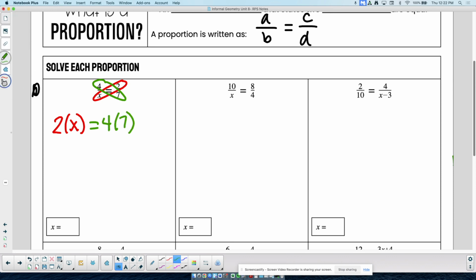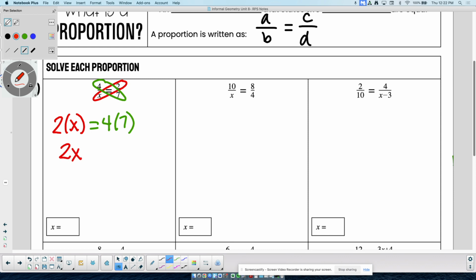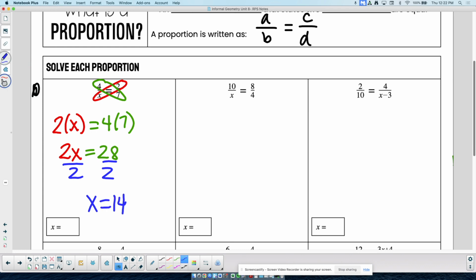And now we just simplify. So 2 times x is 2x. 4 times 7 is 28. And now you guys know what to do, right? We simply just divide. 28 divided by 2 is 14. And there we go. That's it.